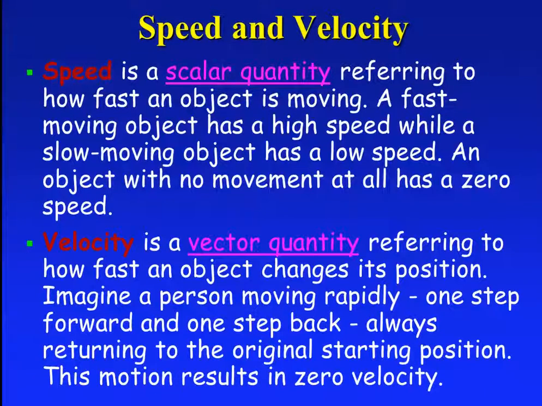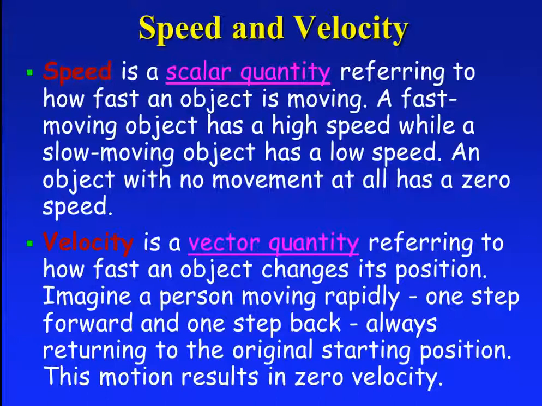Velocity is a vector. That means it has size or magnitude. By the way, physicists hardly ever use a one-syllable word for something if there is a three-syllable word available to replace it. So instead of saying size when they talk about vectors, they always say magnitude.